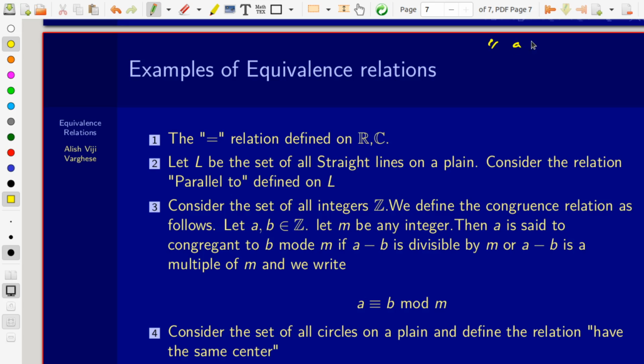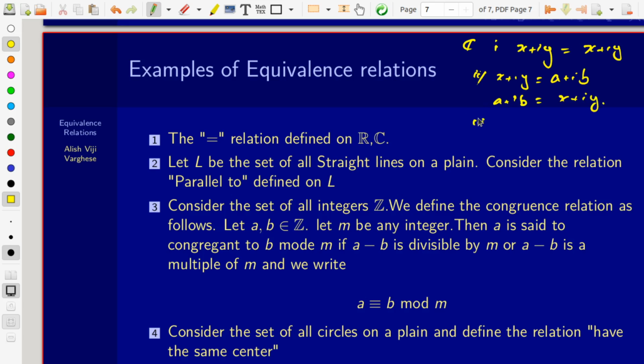First one, A is related to A. If A is a real number or a complex number, let's consider the case of complex numbers, since real numbers are too simple. If x + iy is a complex number, then x + iy is equal to x + iy. Then the second case: if x + iy is equal to a + ib, then a + ib is equal to x + iy.